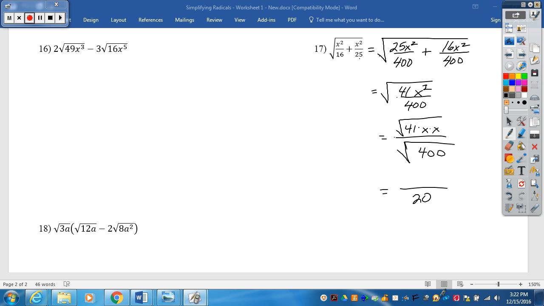So I'm going to write that down. How would I simplify this part up here? Well, 41, I believe, is prime. I can't think of any numbers that would go into 41 evenly. But what you're going to find out is that there's no perfect squares in 41. As far as the x times x, that's just going to come out as an x. And there is your final answer.